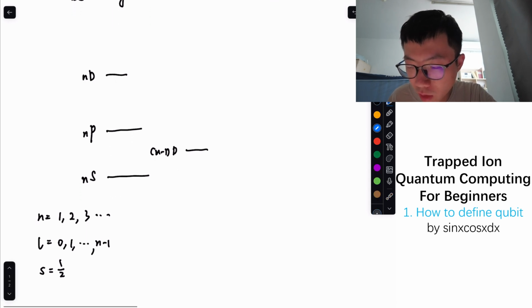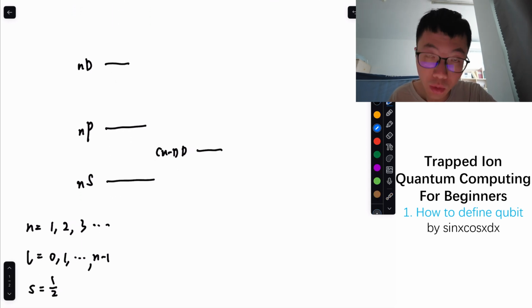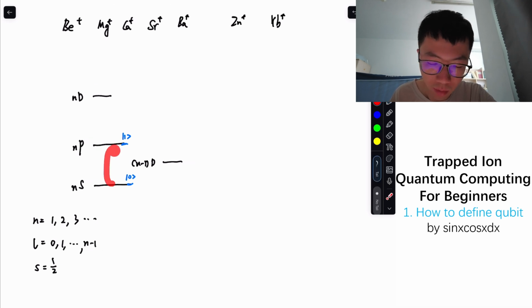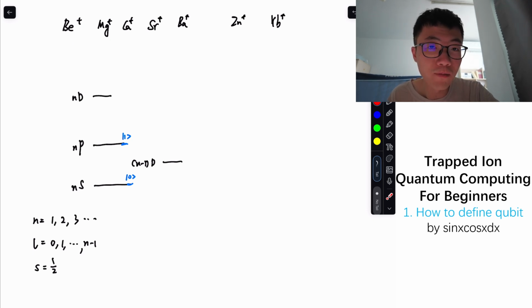How to choose 2 energy levels? The simplest way might be ns and np. We may define this as 1 and this as 0. Is it okay? Maybe it's okay, but it's not good because ns and np are electric dipole allowed transitions, so it's very strong. Even the spontaneous emission is very strong.